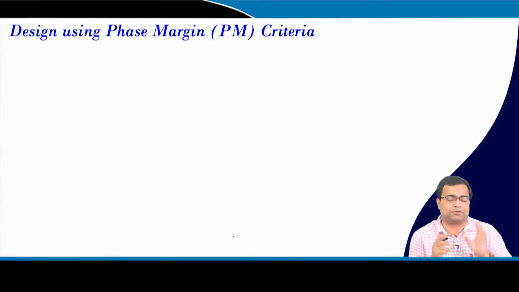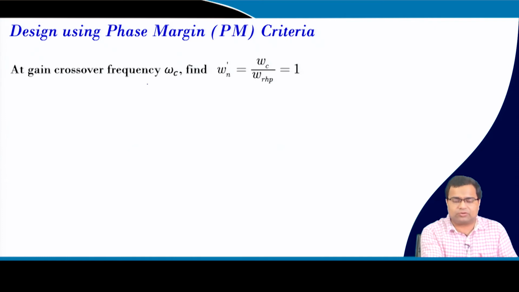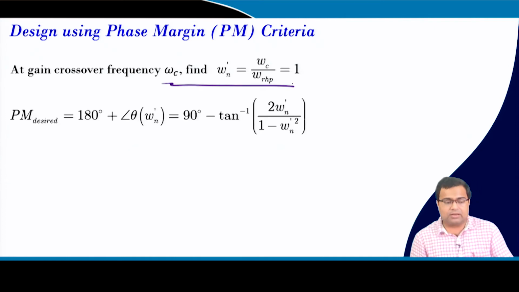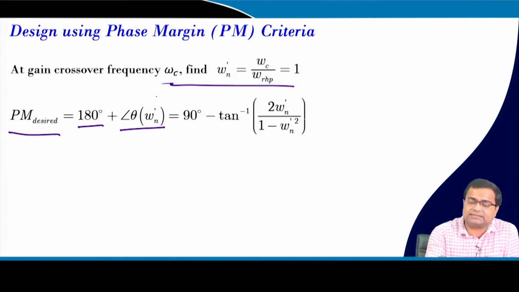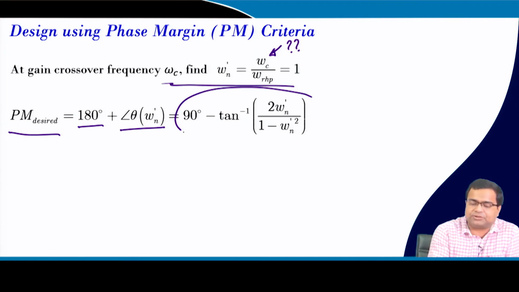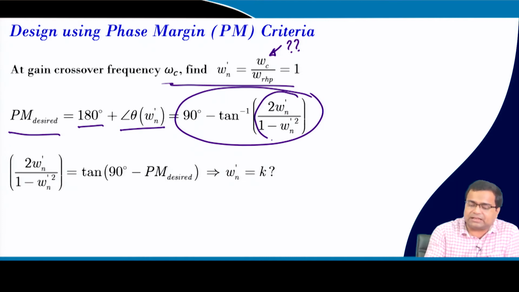So, another approach, the design based on phase margin criteria. At gain crossover frequency we know the expression, and the desired phase margin is nothing but 180 degree plus your phase angle at omega n dash, and we are trying to find omega c, this is unknown. And this expression, if we substitute, we will get this, and if we rewrite, this expression is nothing but tan of 90 degree minus the desired phase margin.